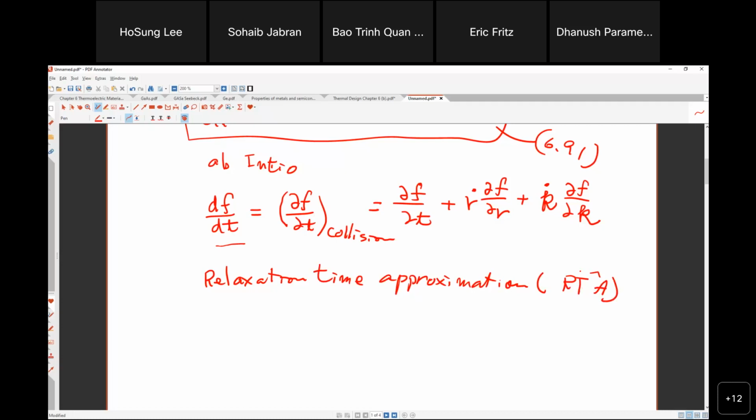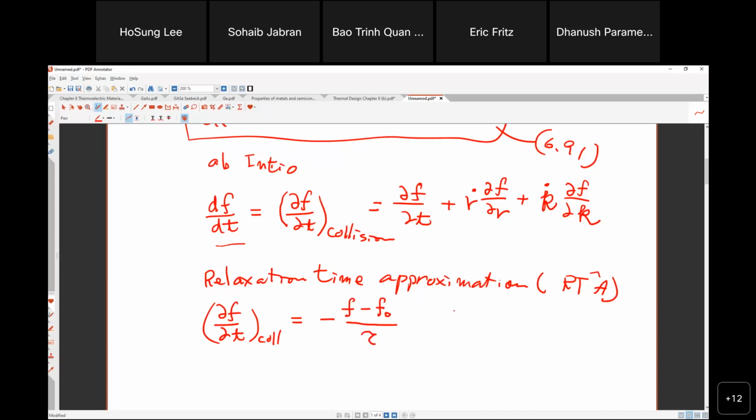Okay, so according to RTA, the collision is the function disturbed and undisturbed, and time.